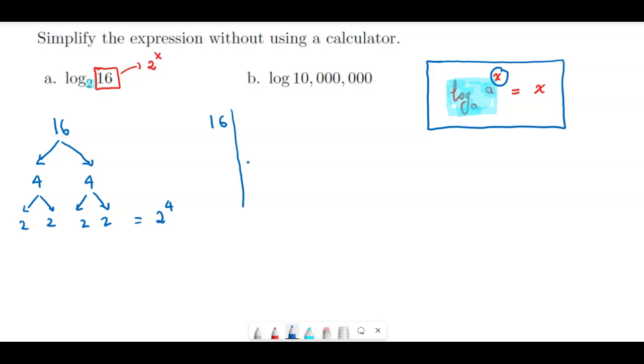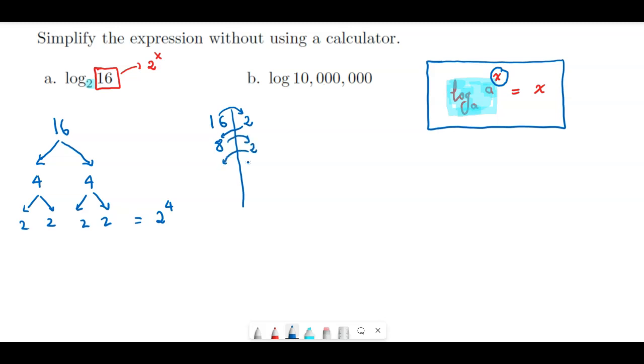So what will be the first number different than 1 that divides 16? That's gonna be a 2. So you're gonna do 16 divided by 2, and that's going to give you 8. And then you redo the same thing all over. The first number different than 1 that divides 8 is going to be another 2.